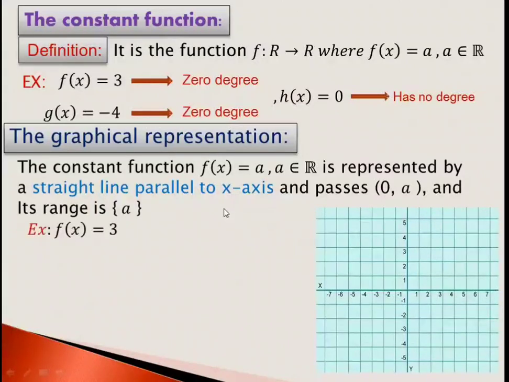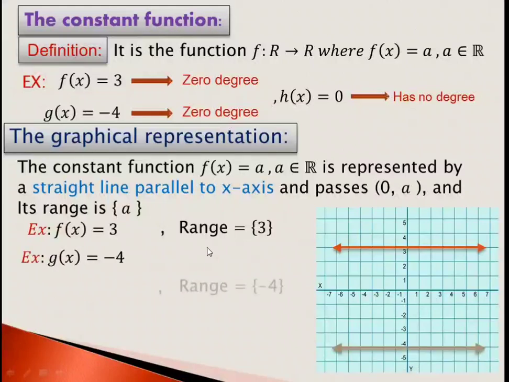Example, f of x equals 3. This is a constant function, and it can be represented by a straight line parallel to the x-axis and cuts the y-axis at the point (0, 3). That means the set of all images is {3}, or the range of the function is {3}.